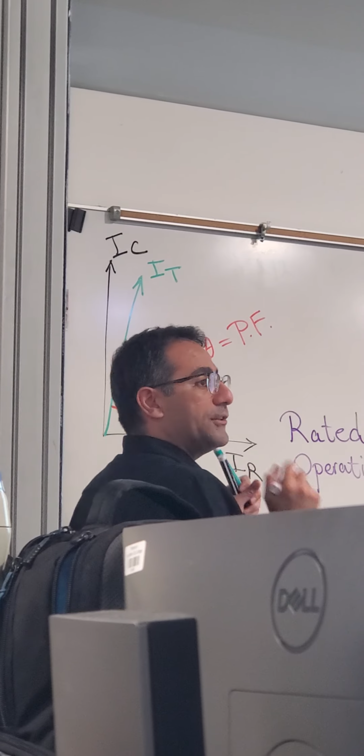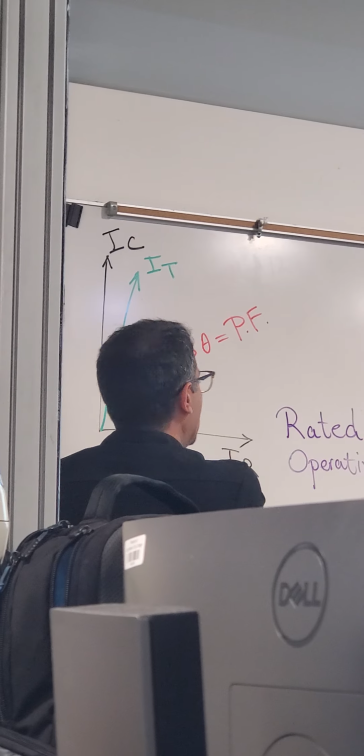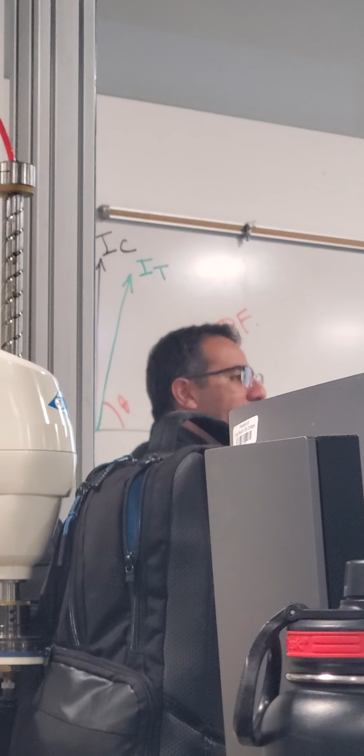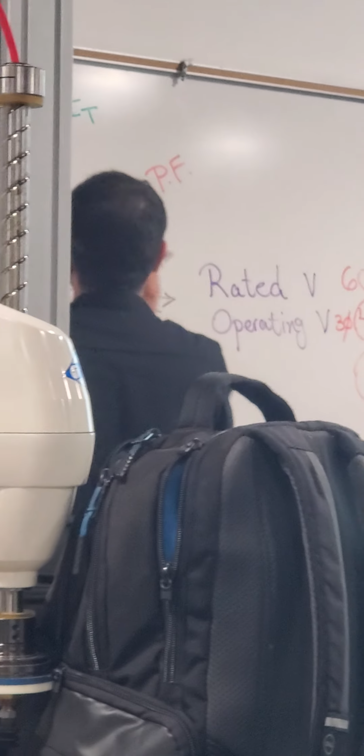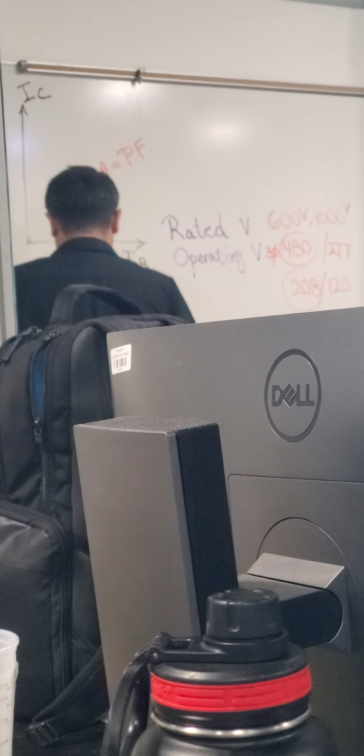In a perfect world, I do not have any leakage current. If my insulation is perfect, no electron is passing through the insulation. So my leakage current is going to be 0.